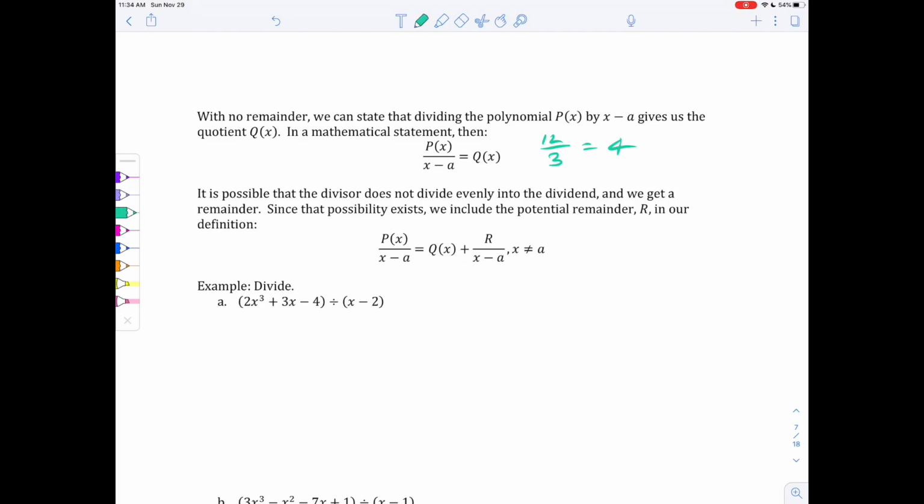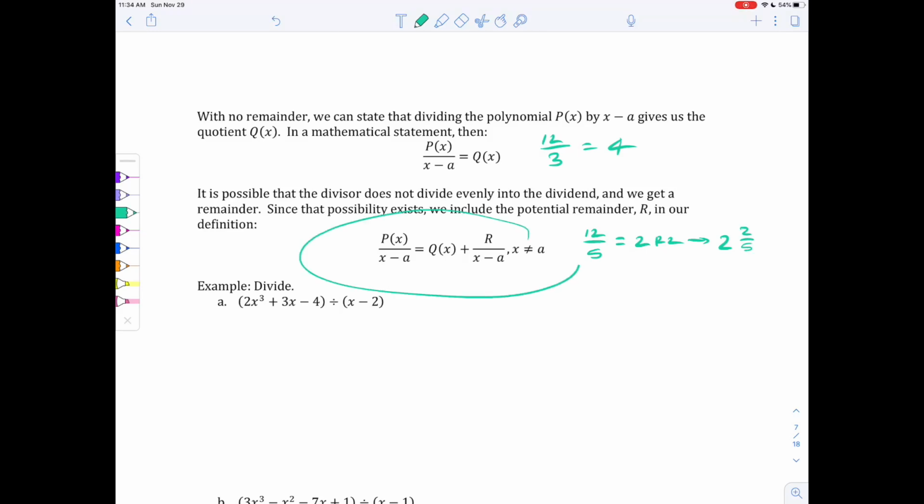But if we had something like 12 divided by 5, what would that be equal to? Well, if you perform that, 5 goes in there twice, but then there's a remainder of 2. So we can express this as a mixed fraction as 2 and 2/5.